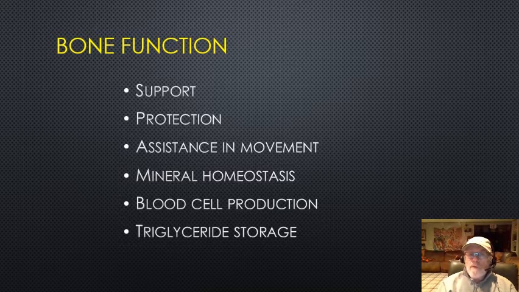We also know that the bone acts as a place for red blood cell production, white blood cell production, and platelets. All blood cells are produced in bone, in certain marrow areas. In the fetus and in infants, most of the marrow is able to make blood cells.